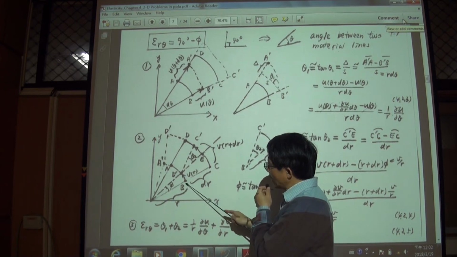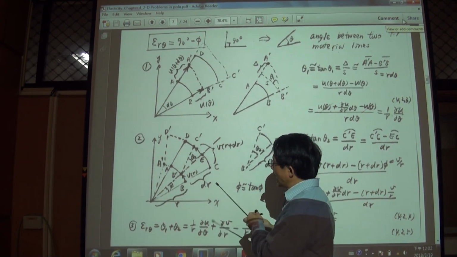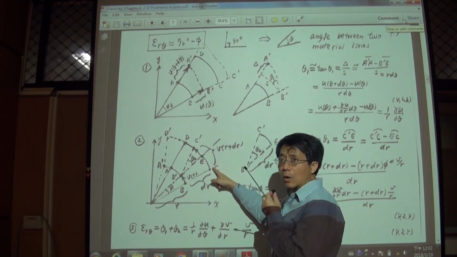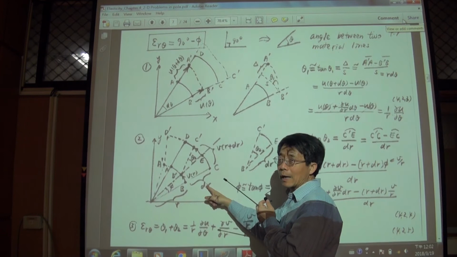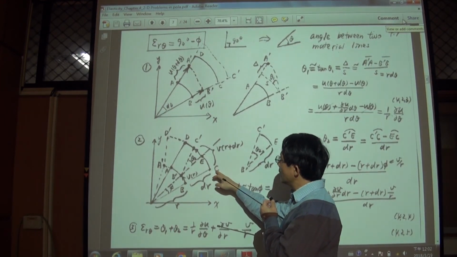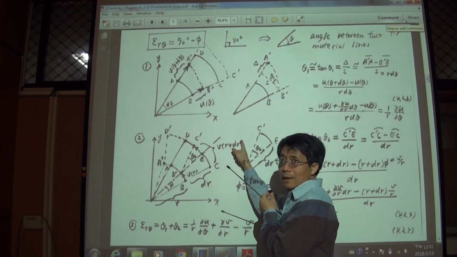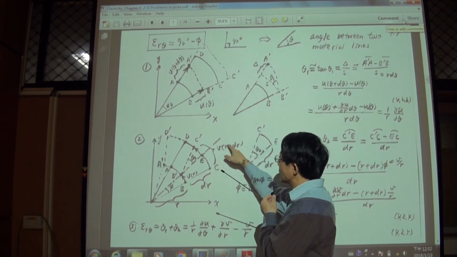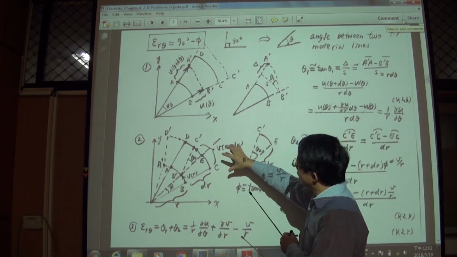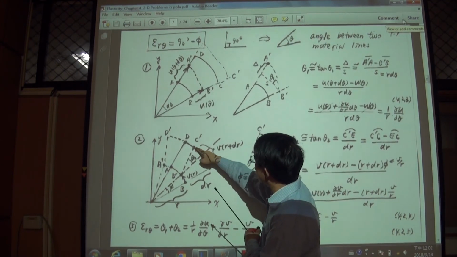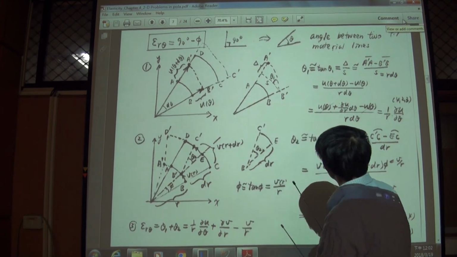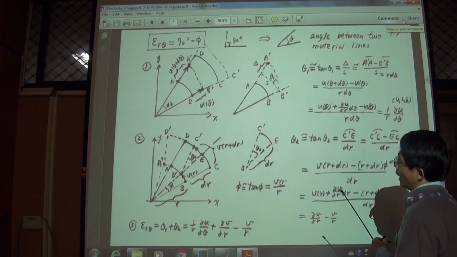The coordinate at B is r, and the coordinate at C is r plus dr. So the displacement defined at this point, VC, is V evaluated at r plus dr. So C'C is the displacement V at r plus dr. How about EC?